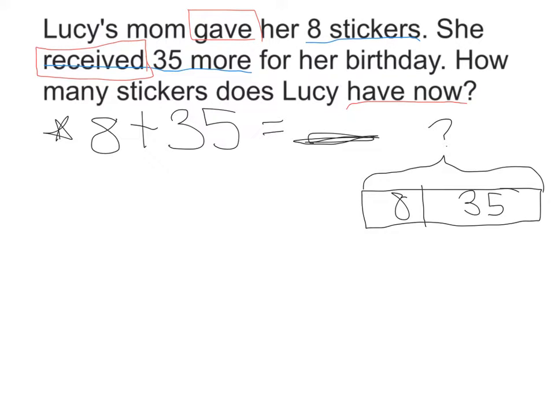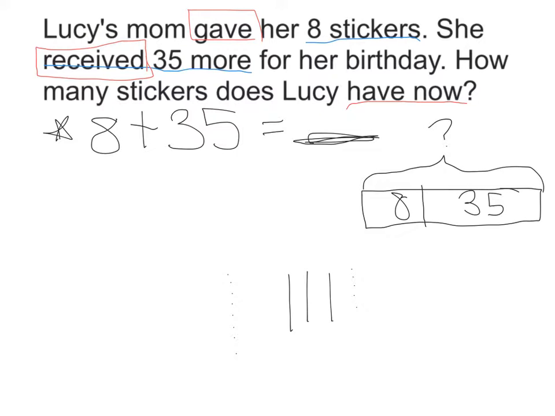Or I can also draw out my quick 10s and 1s. 1, 2, 3, 4, 5, 6, 7, 8 dots. And then there are 3 10s and 5 ones, 2, 3, 4, 5. I know that I can make another 10 by taking 5 of these ones from 8.